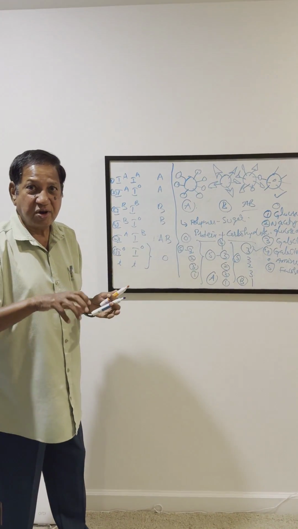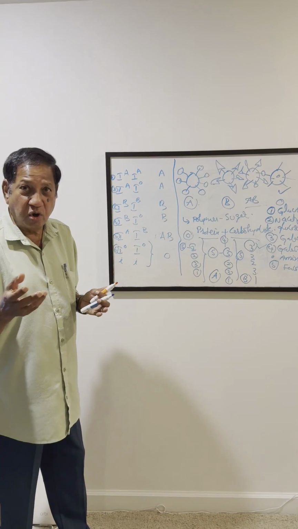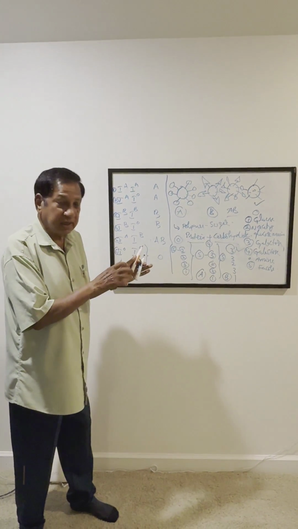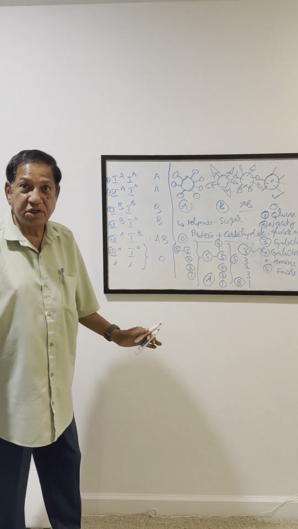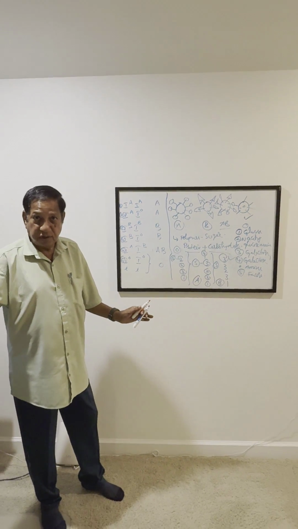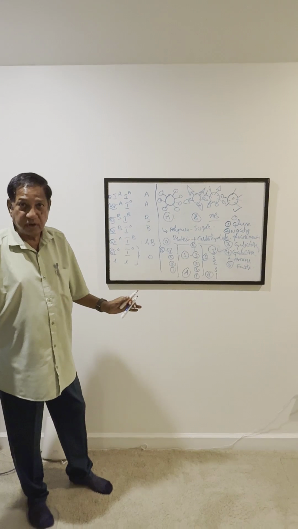Protein is genetically constituted and the sugar is added, and altogether there are 5 different types of carbohydrates.